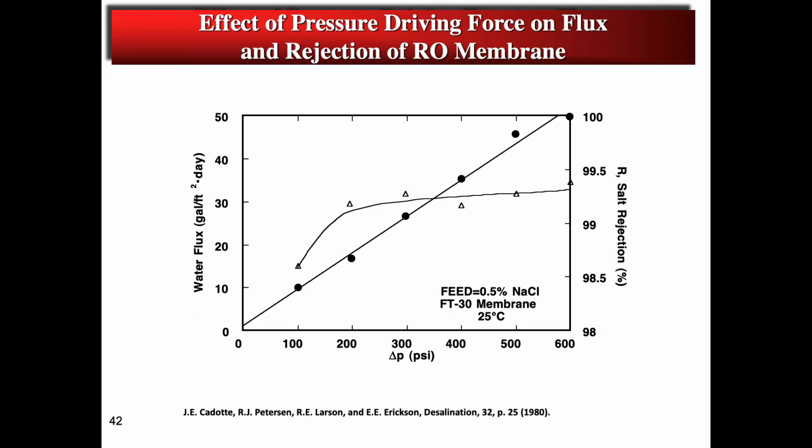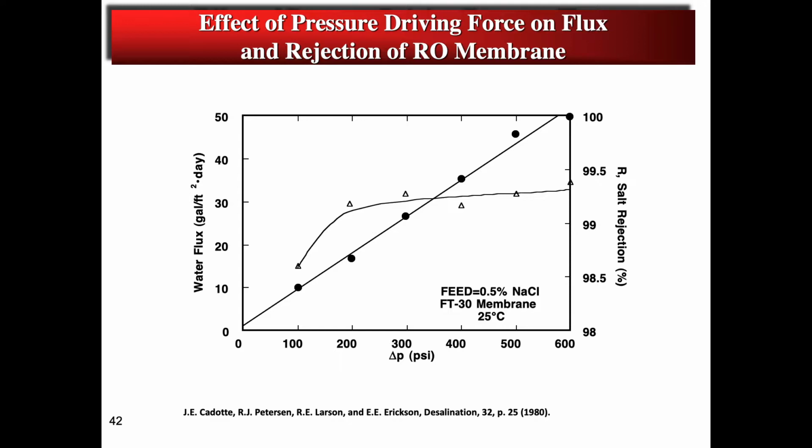In general, in terms of the performance of these membranes, water flux goes up linearly with the pressure difference across the membrane, and we're going to talk today about the basic mechanism that underpins this and why this happens. The water flux goes up with pressure.